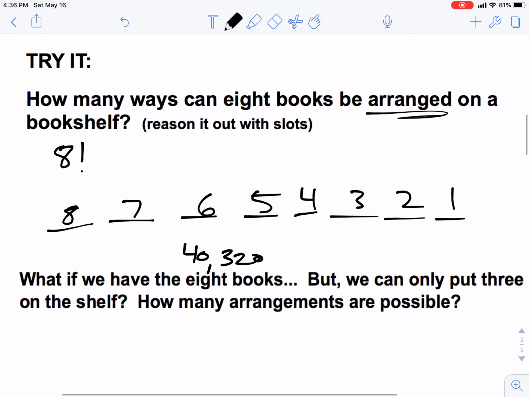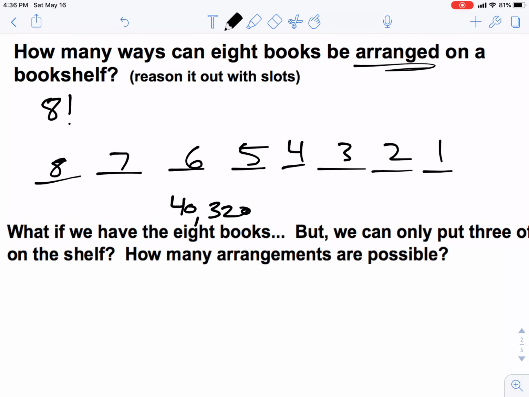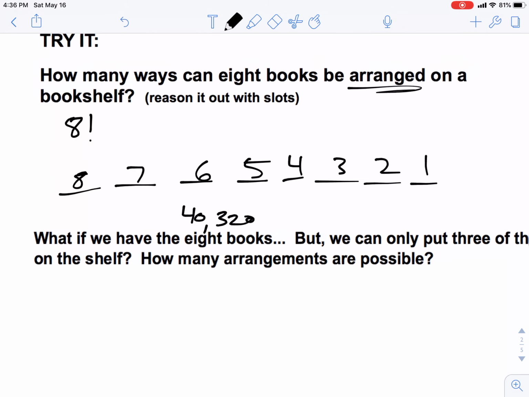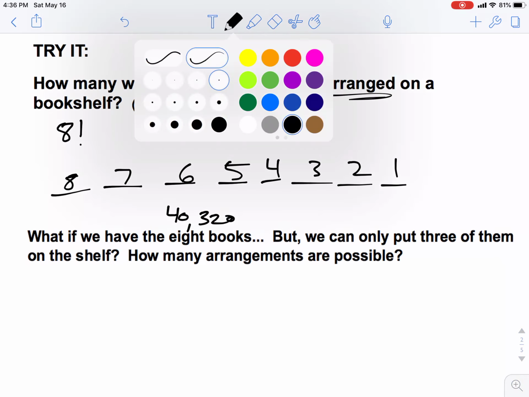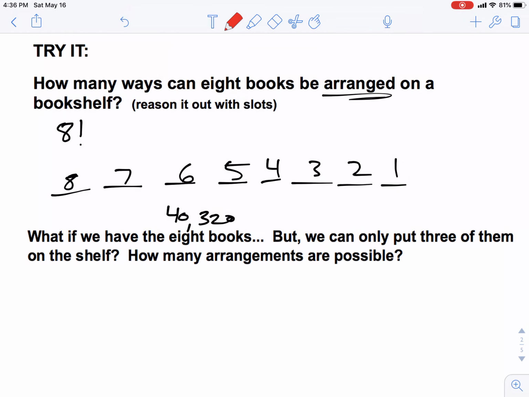Now here's a question. What if we have 8 books, but we only have enough space on the shelf for 3 of them? How many arrangements are possible then? Well, I'm going to go back up here. We have 3 spaces right here. We only have 3 spaces.